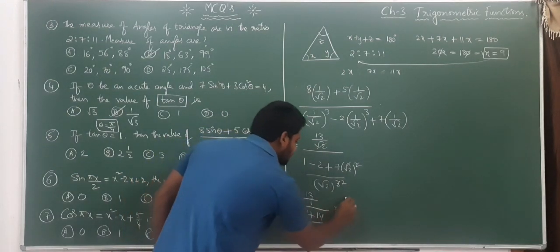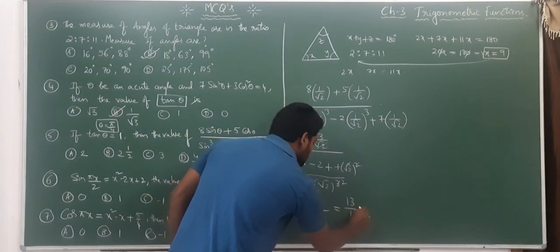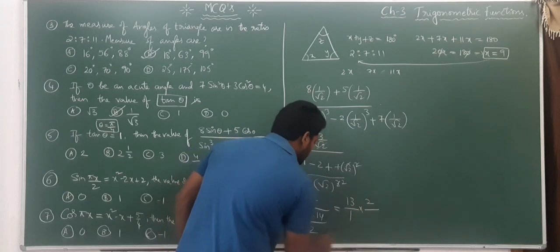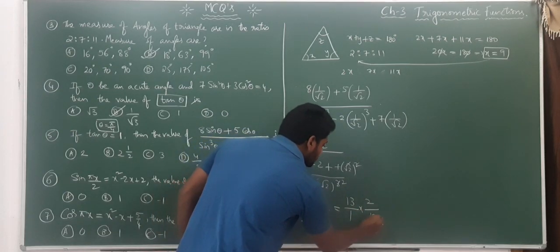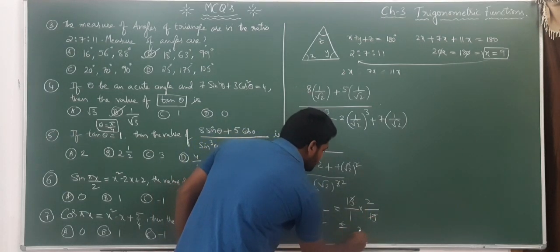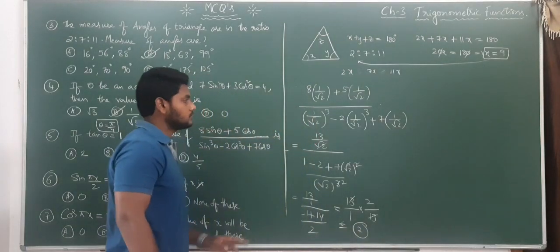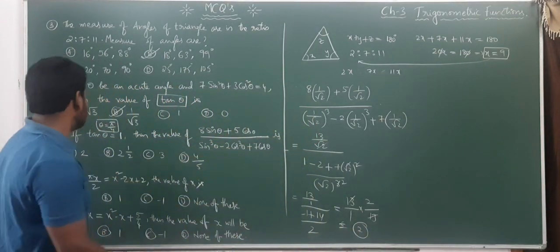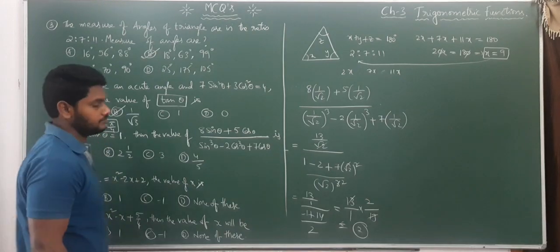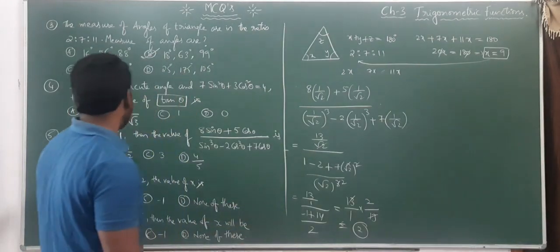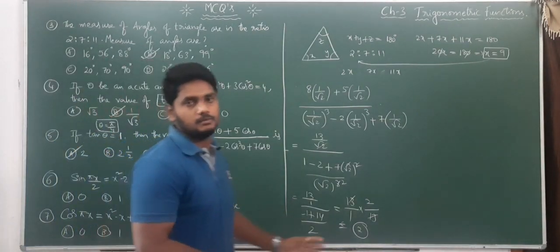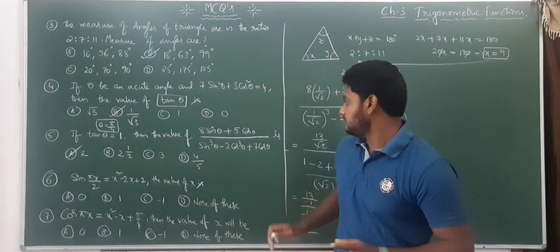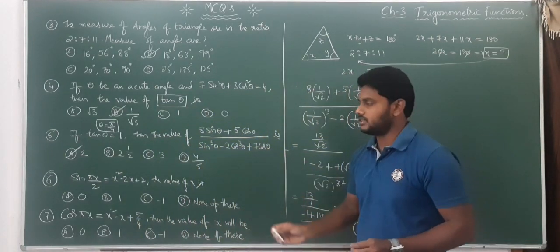So it will be 13 into 2 by 13, the 13 cancels, which will be equal to 2. So the value of the whole term is 2, option A. You need to find θ, substitute here and simplify very fast. Without any mistakes, you will get the options very easily.